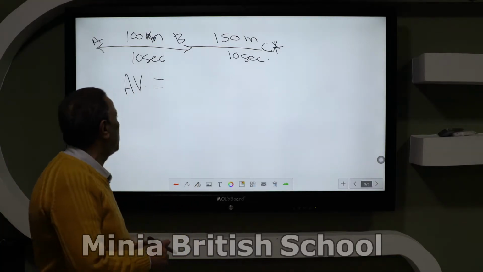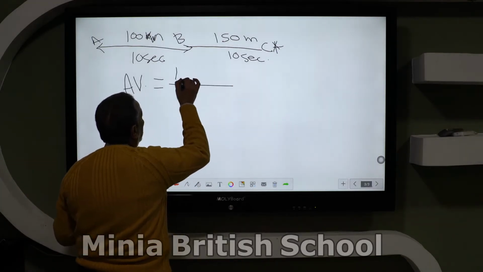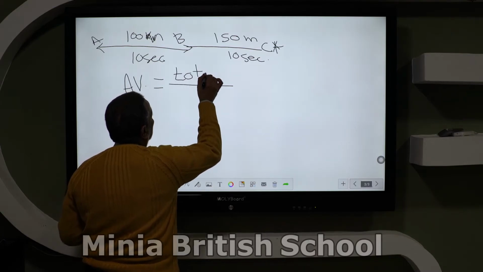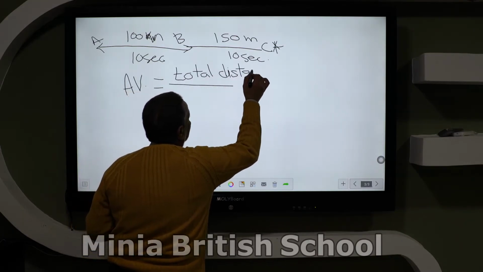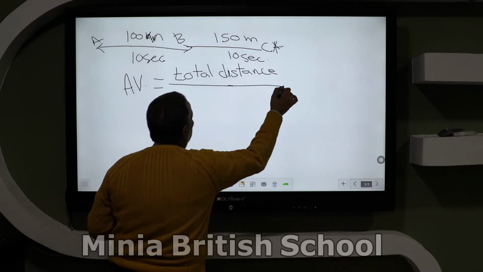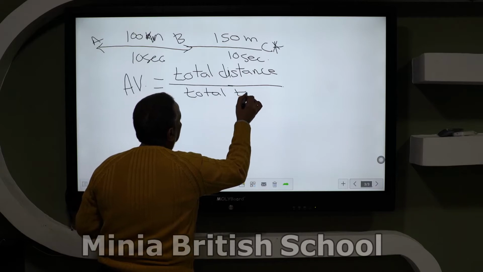The third type of speed is the average speed, and in this case you have to calculate the total distance over the total time.